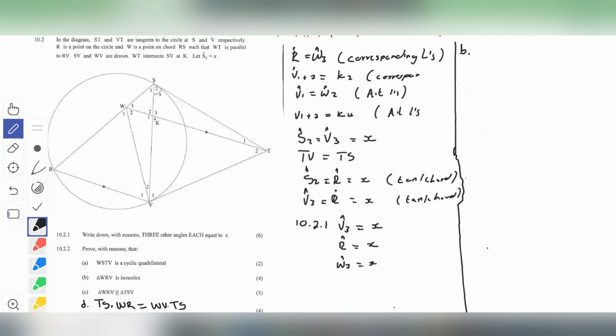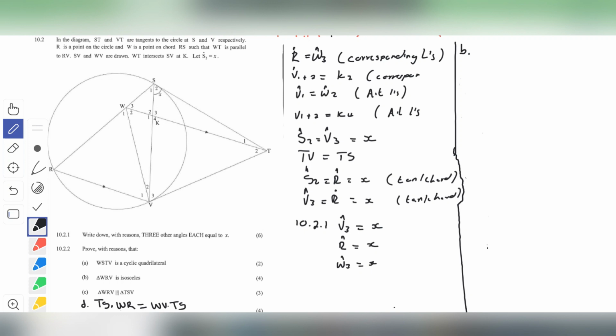What do we know about the isosceles triangle? That is the first question that has to come to your mind whenever they say prove that WRV is an isosceles triangle. Can you guys see WRV? The properties of an isosceles triangle: we know that the two sides are equal and the two angles are equal, right?